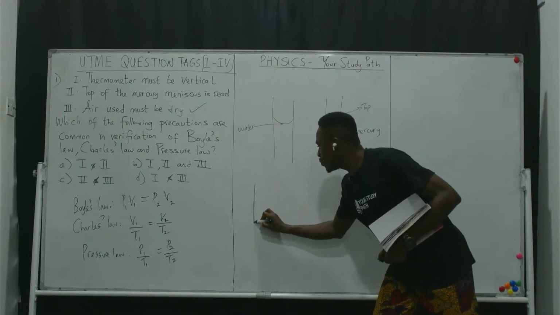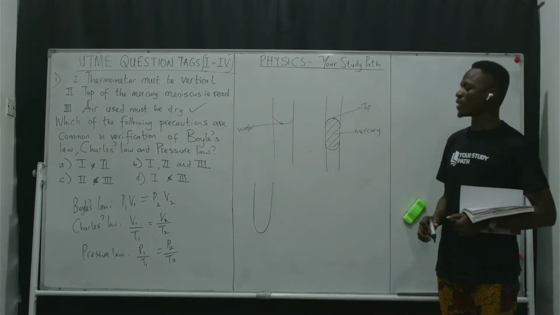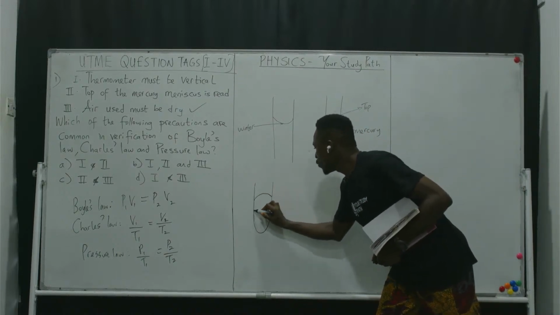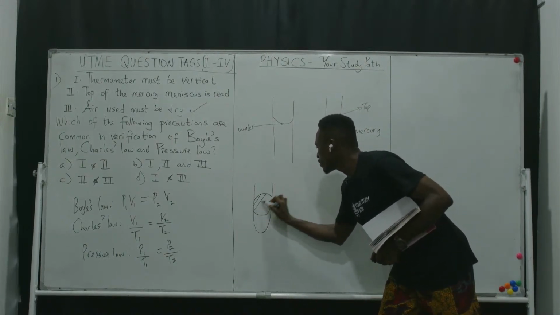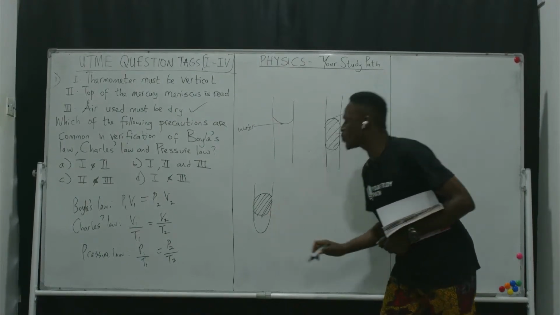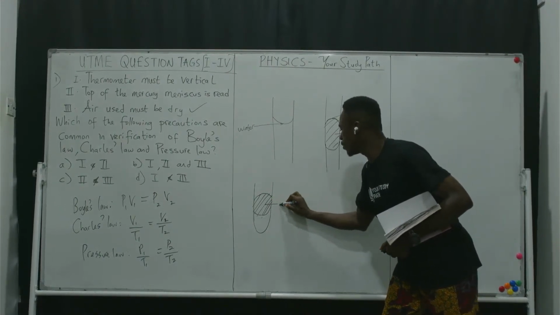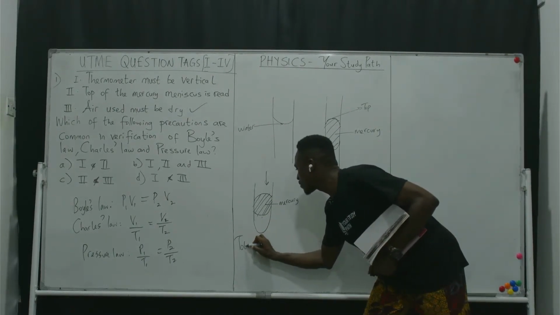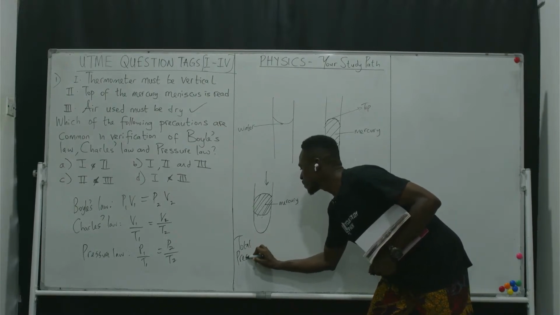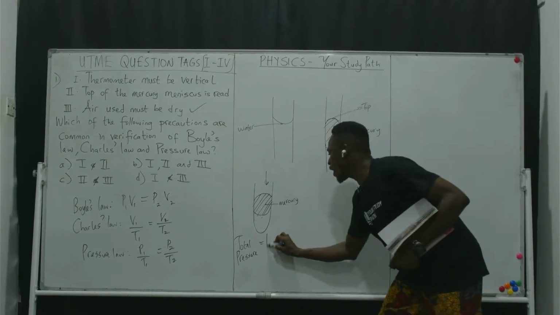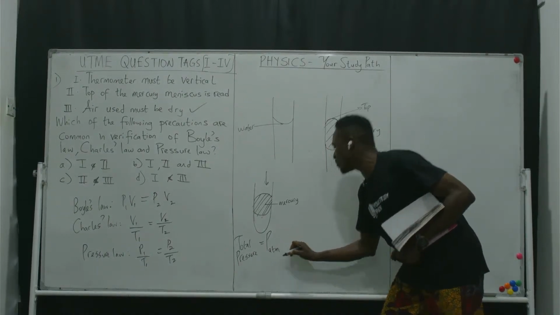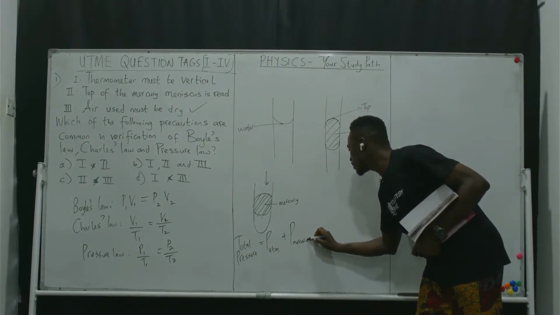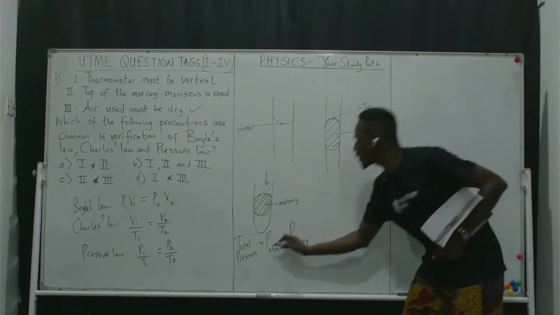In this case, a barometer with a vertical inclination: when you have a thread of mercury, it is assumed that the total pressure in this case is equal to atmospheric pressure, which I call PATM, plus the pressure due to the mercury. So this is for vertical inclination.